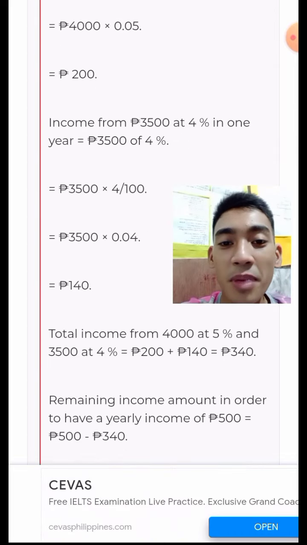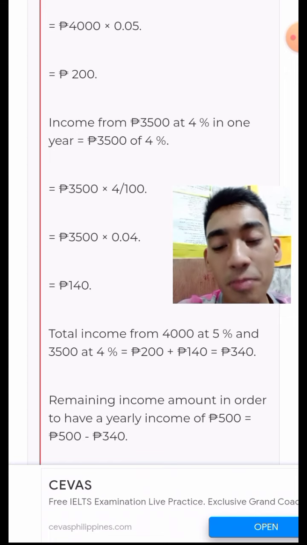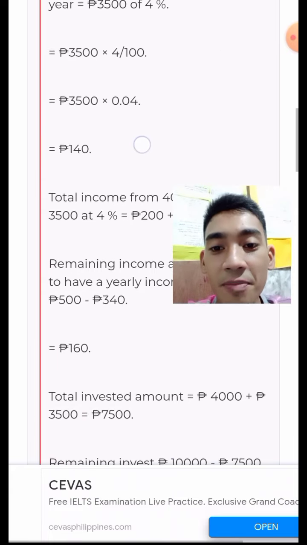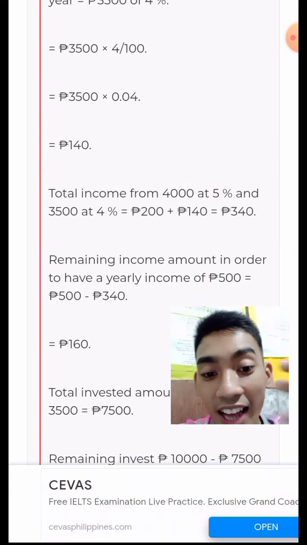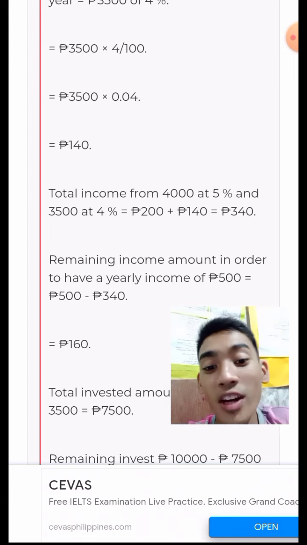Income from 3,500 pesos at 4%: 3,500 multiplied by 0.04 will give us 140 pesos. So 200 pesos and 140 pesos is 340 pesos. So the remaining income, in order to have a yearly income of 500 pesos, is 500 pesos minus 340, which is 160 pesos.